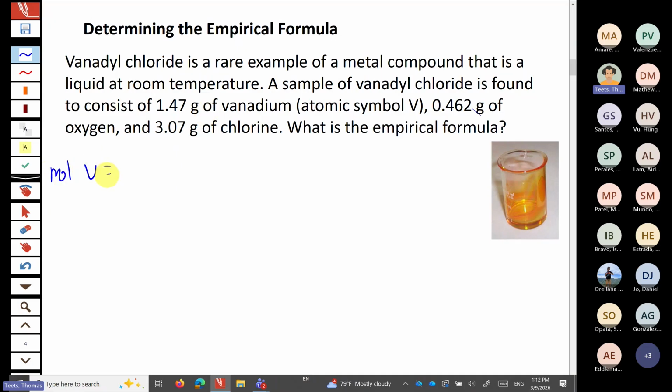And so to do that, we start with the mass that we have, which is 1.47 grams for vanadium. And we're going to use the atomic mass to convert to moles. So we want grams of vanadium to cancel for 1 mole. And so we need to put the atomic mass in the denominator for that to work. So we have to look that up on the periodic table. That one I don't have memorized off the top of my head.